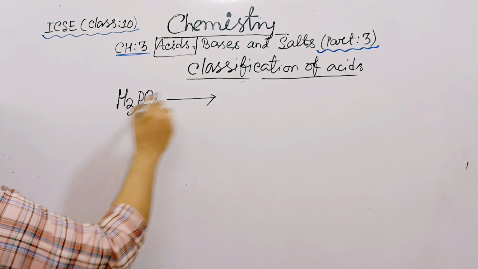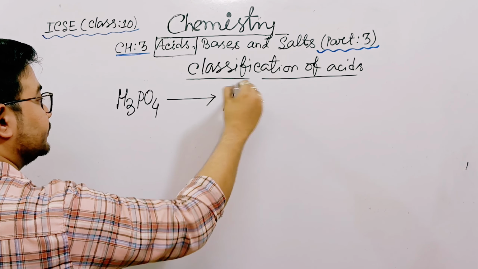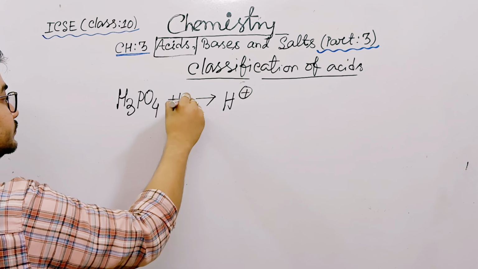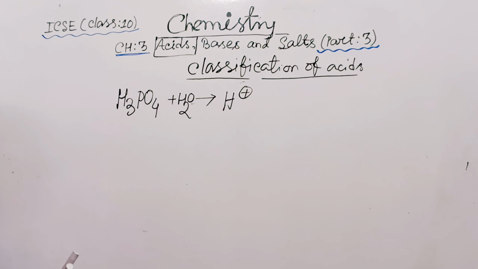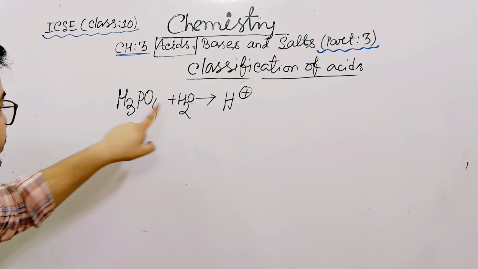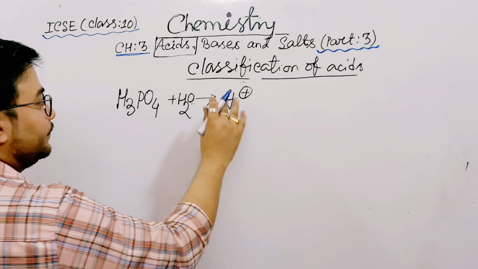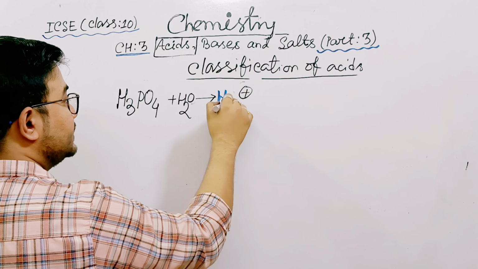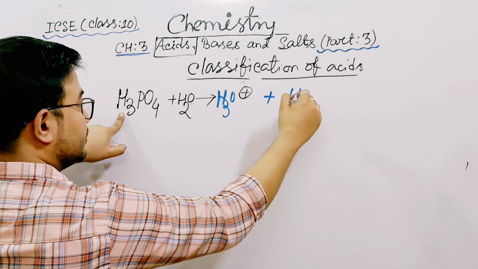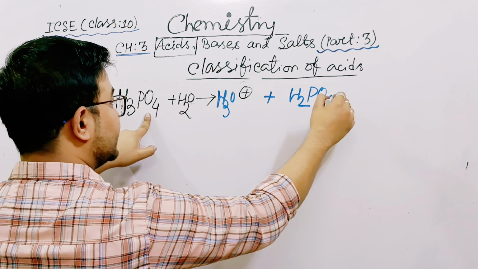In the first step, it gives only 1H. This 1H combines with water to form H3O plus. And which one is left behind? 2H and PO4. First step.